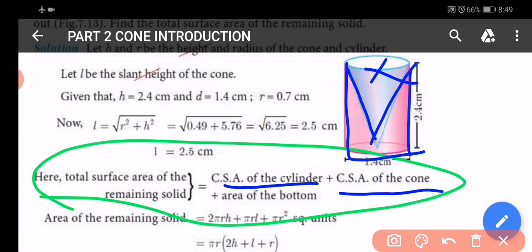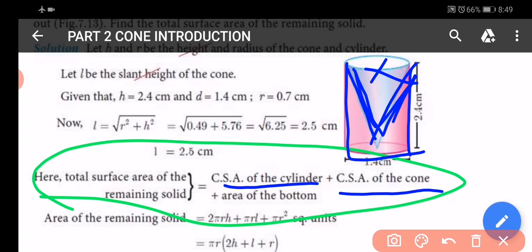It is cut from the cylinder but the remaining solid has a conical shape on the top side. In the cylinder, the top side is open in the shape of a right circular cone.